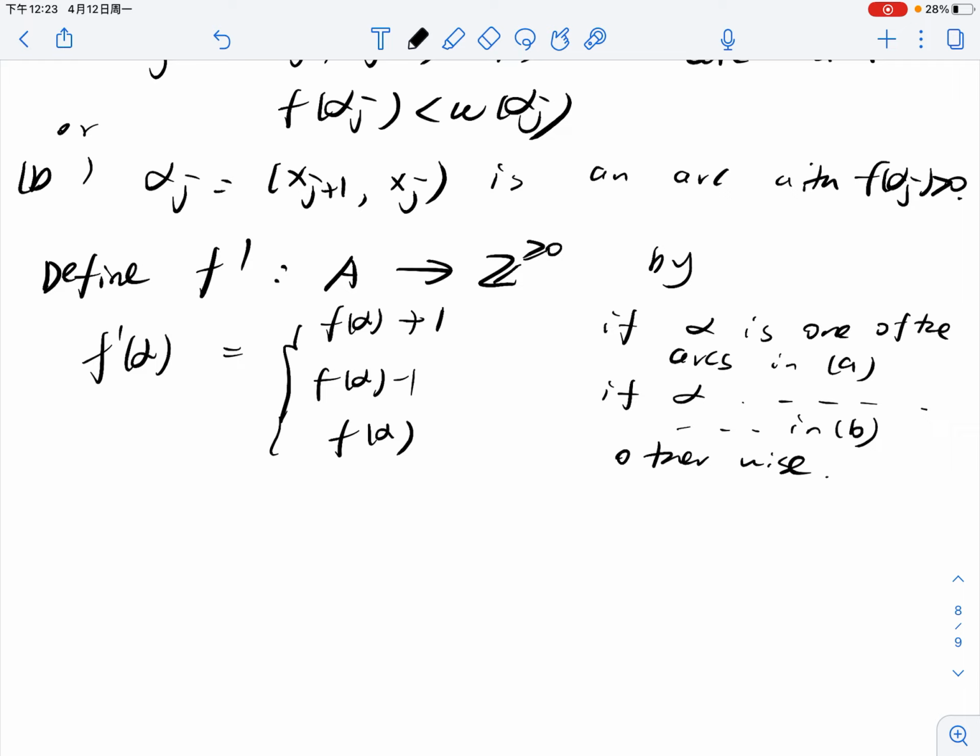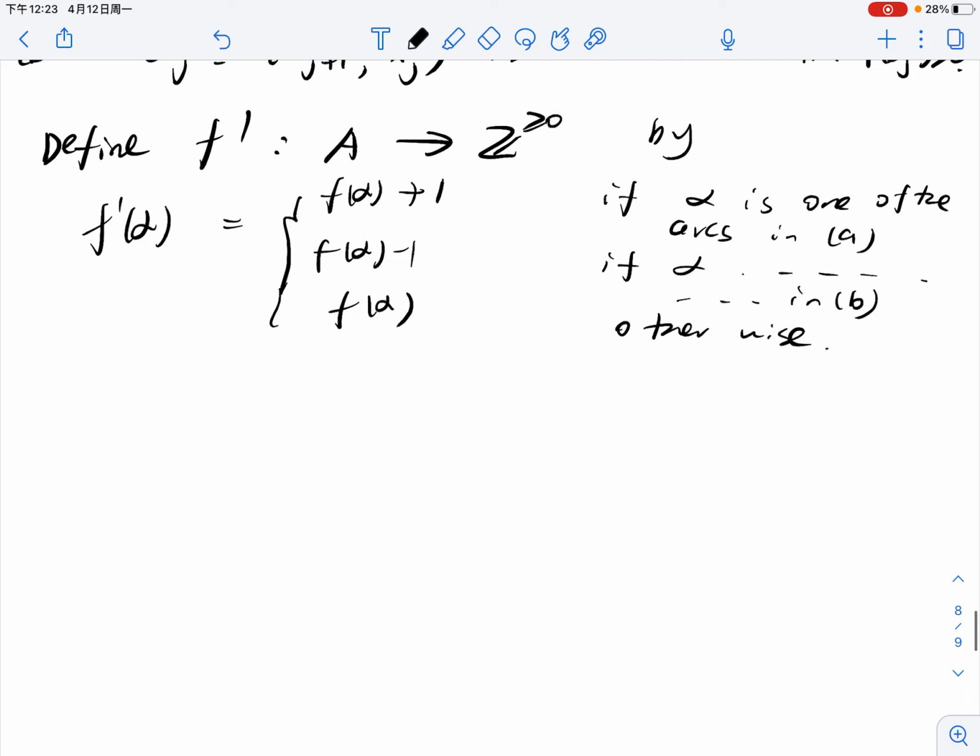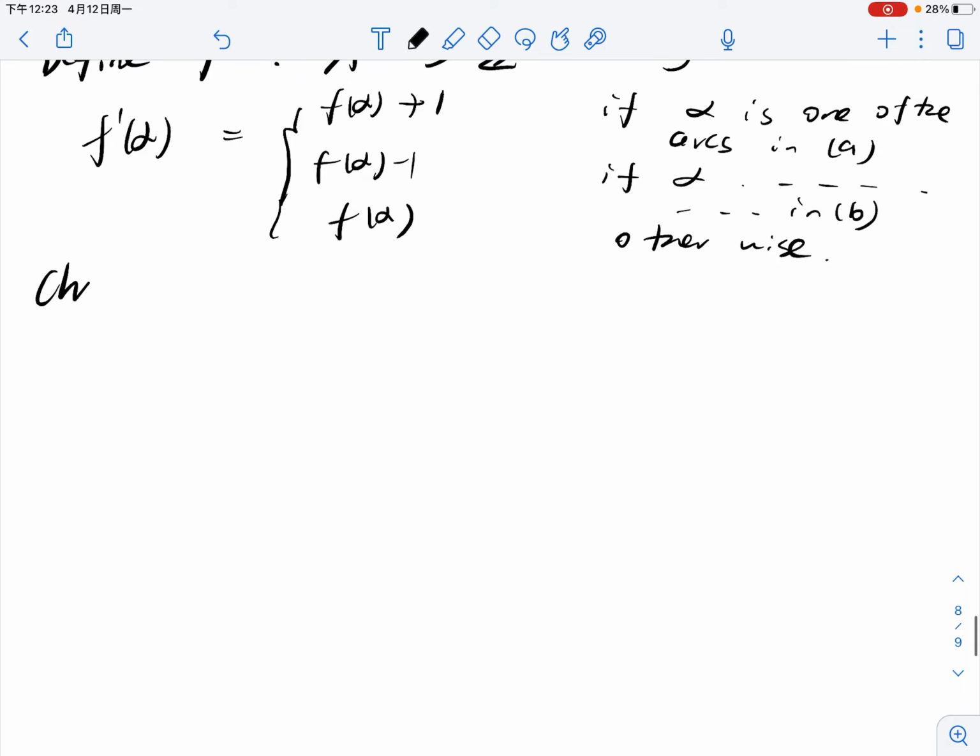Okay, and we can see in this case f prime is strictly bigger. So we need to check the following property. So check f prime is a flow.